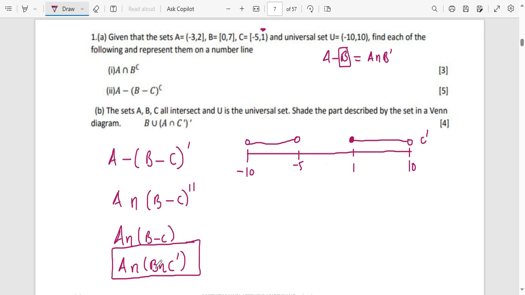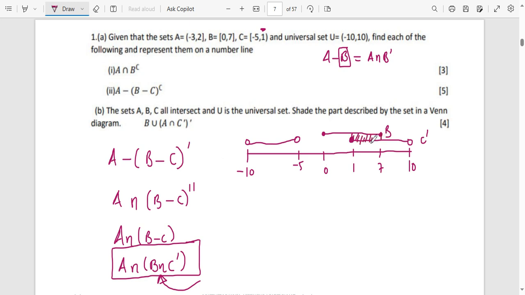And I'll now get the set B. The set B is from 0 all the way up to 7. And we are including both 0 and 7. Now remember, we want to get where these two sets are intersecting. So they are intersecting from here up to here.